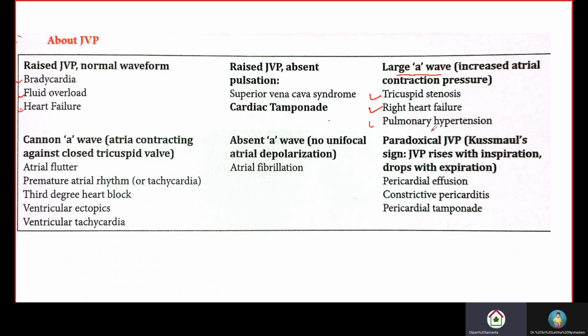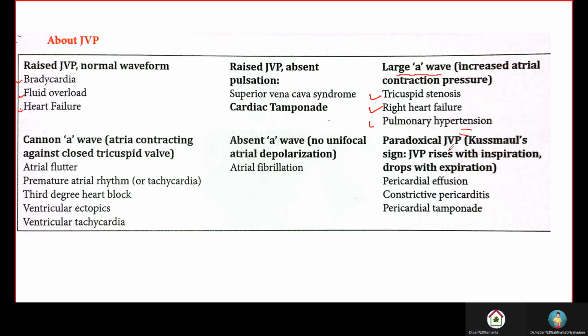If there is right heart failure or pulmonary hypertension, it will be very difficult for the heart to pump from the right atrium. That's why it will give a very big pressure, and so the A wave will be larger. The jugular venous pressure will also increase during atrial systole.